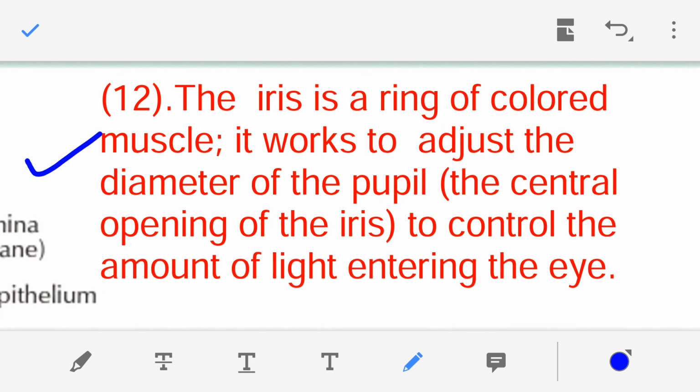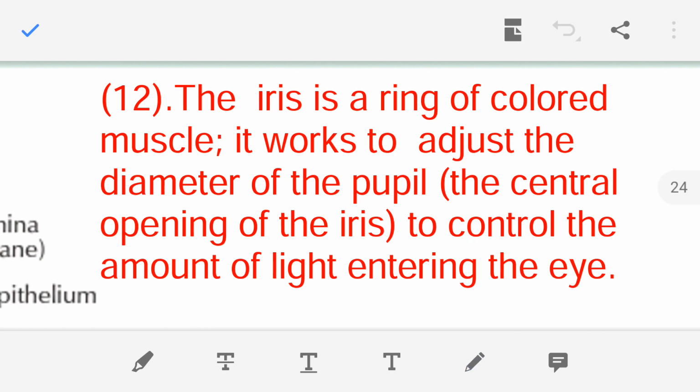The role of the iris is to adjust the diameter of the pupil. That means the dilation and contraction of the pupil, for that the iris is responsible. What is the pupil? The pupil is the central opening of the iris. By the constriction and dilation of the pupil, we can control the amount of light that enters our eye.